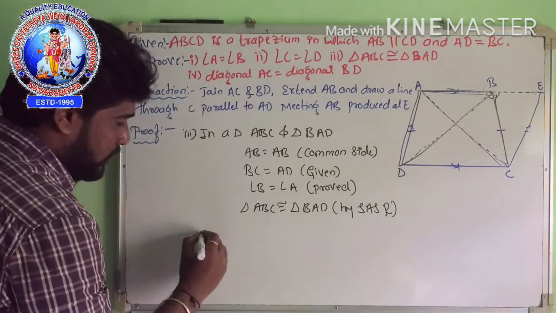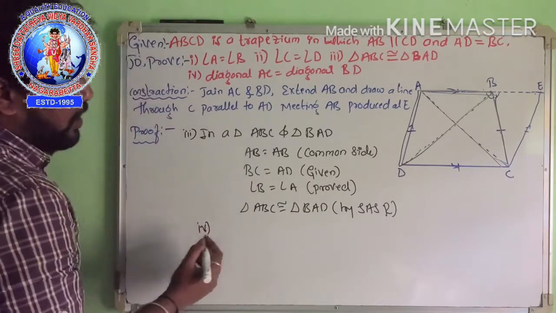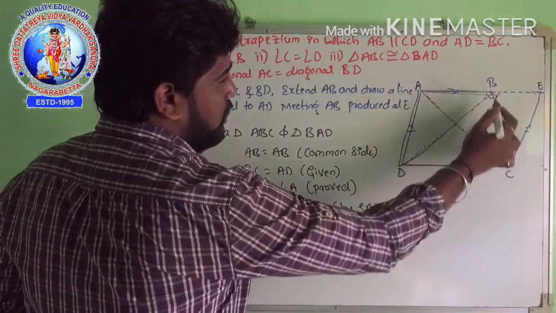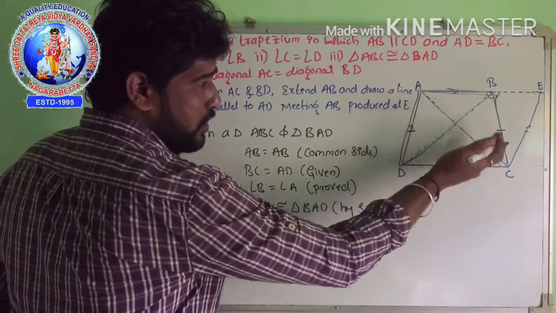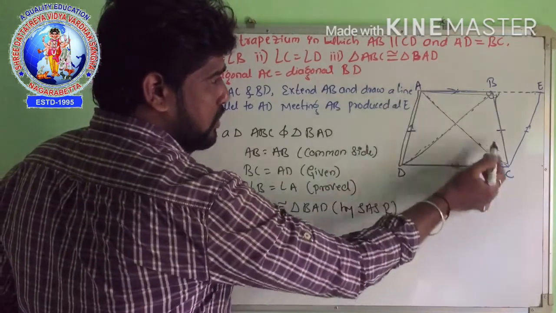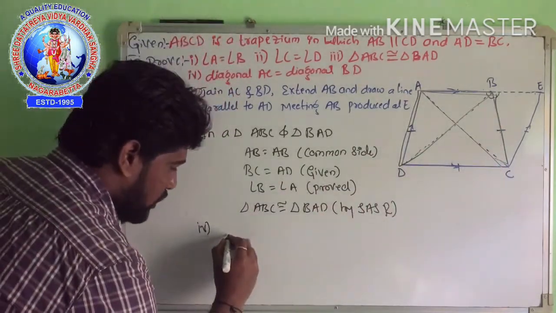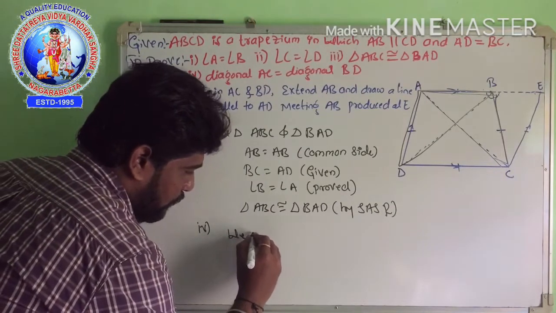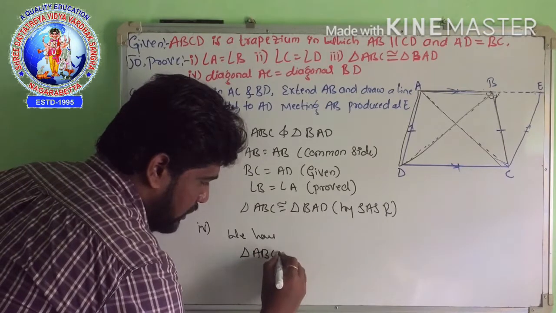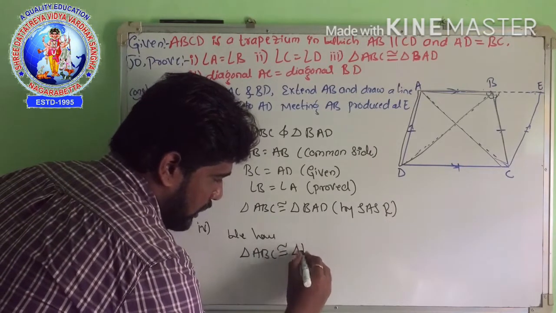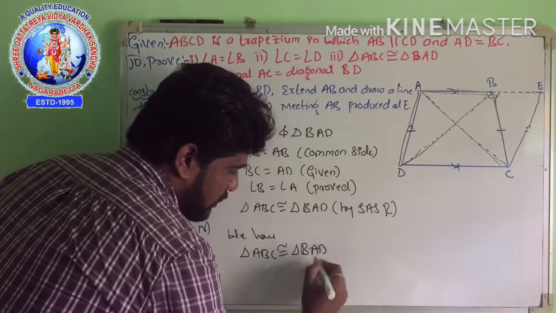So the fourth one, we have to prove here that the diagonals are equal. Now these two triangles are congruent to each other, means their corresponding parts are equal. So AC is equal to BD. So write down, we have the triangle ABC is congruent to the triangle BAD, right?